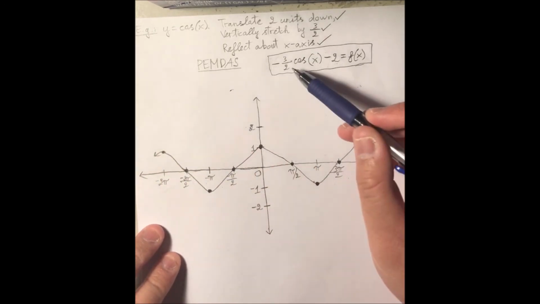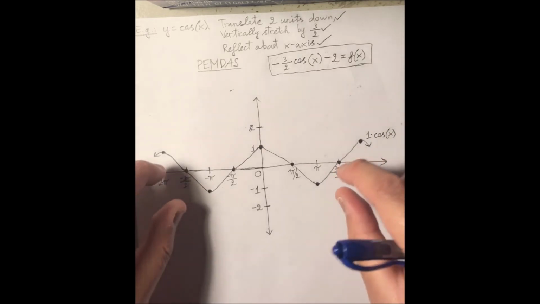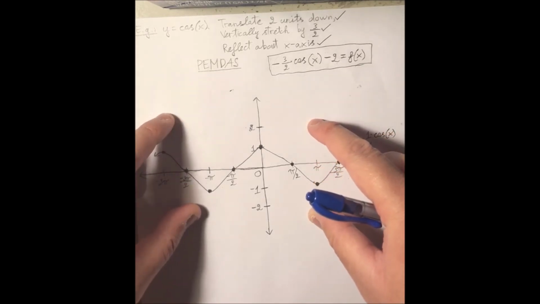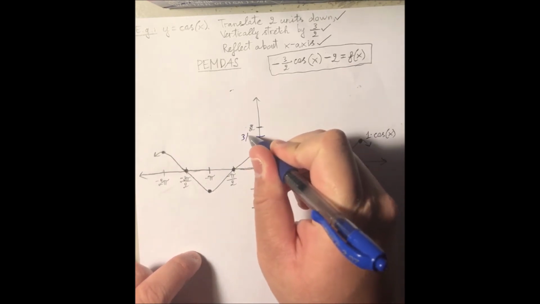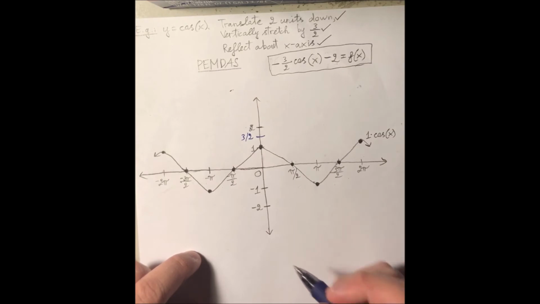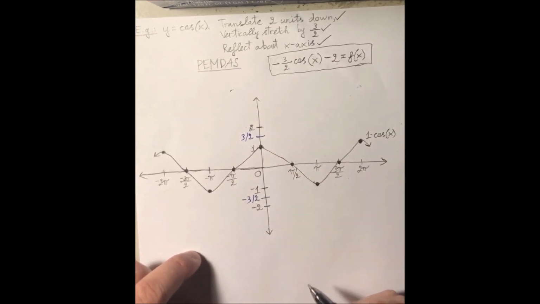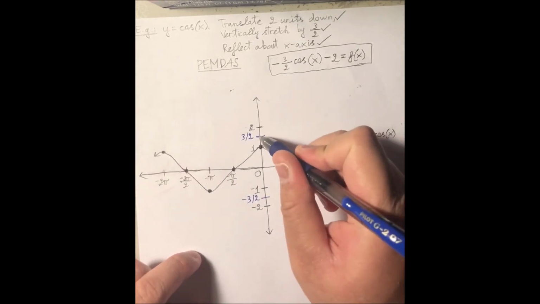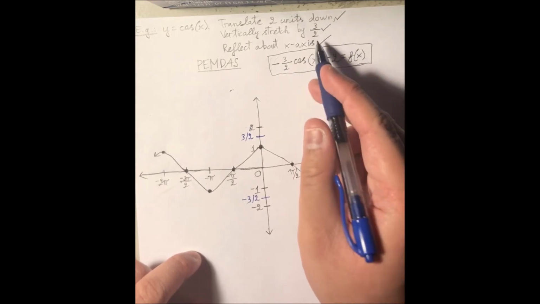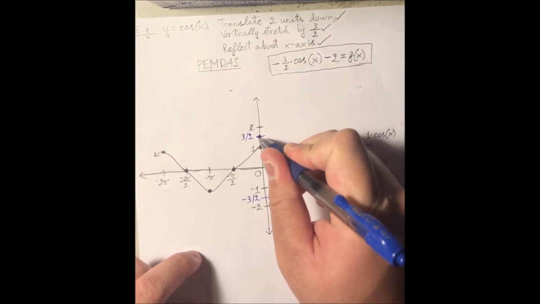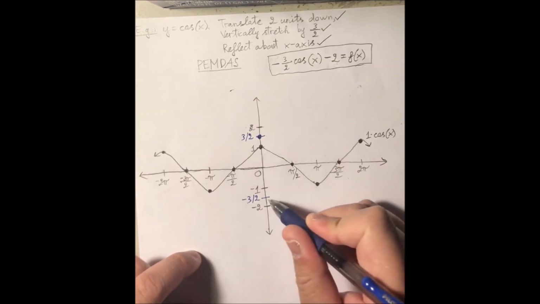Since we are stretching it by a factor of 3/2, we take this whole graph and stretch it up until the highest point hits 3/2 and the lowest point hits negative 3/2. So the highest point, with the vertical stretch by a factor of 3/2, is going to end up here. And the lowest point is going to end up down here.